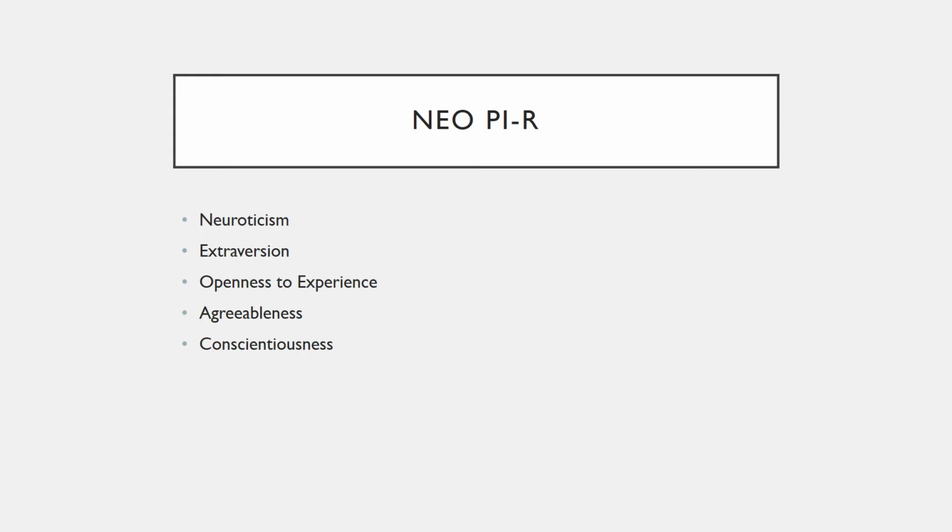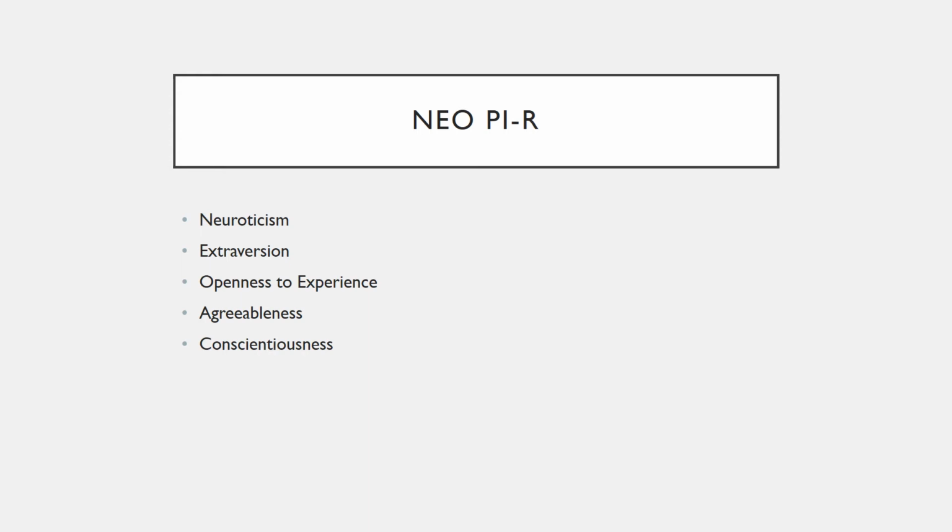So we have neuroticism, which is how much you tend to experience negative emotion, or how emotionally reactive you are. Someone who would score high on this scale would have a lot of anxiety or anger or hostility, be very self-conscious, very nervous, very impulsive.